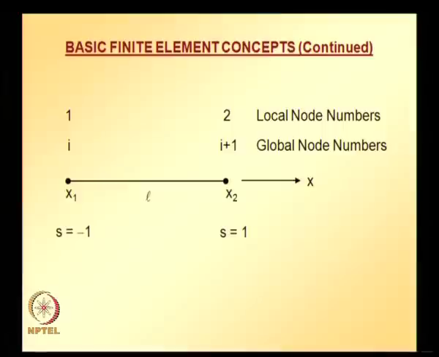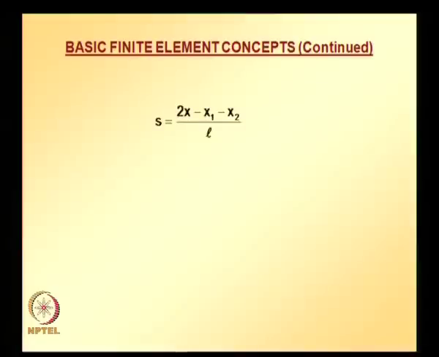And the relation between this s coordinate system and x coordinate system you can easily find using the formula for linear interpolation, which is nothing but the equation of a straight line, which you must have already studied at your high school level. So, the relation looks like this. This is simple linear interpolation between x coordinate and s coordinate.